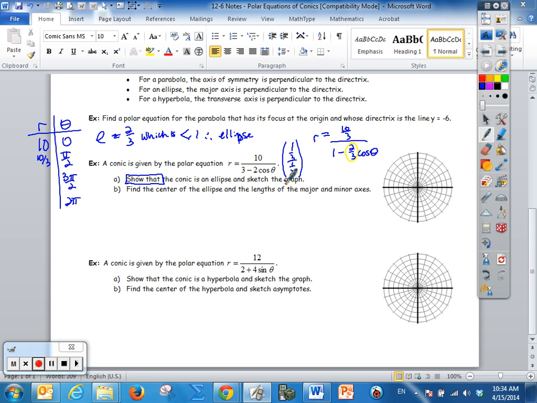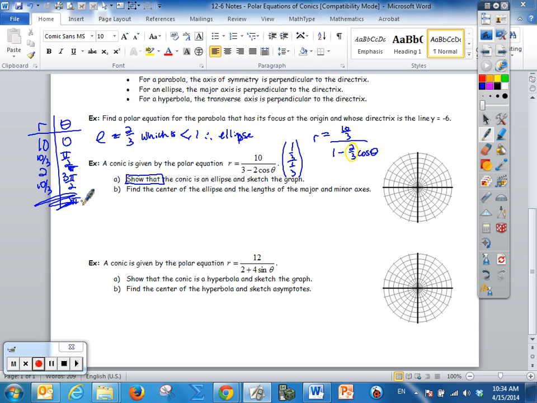Oh, I missed pi. Poor little pi. Let's stick it right in here. If I put pi in here, cosine of pi is -1, so that gives me 10/5, which is 2. And then we have 3 pi over 2. Put that in, it's going to give me 10/3. And 2 pi is back to 0, so I really don't need that one.